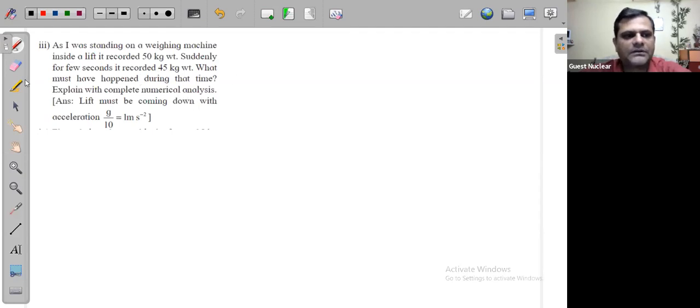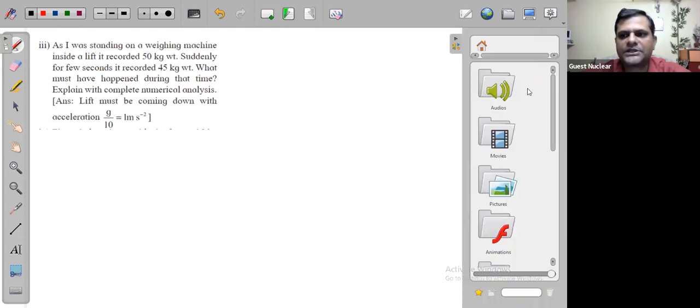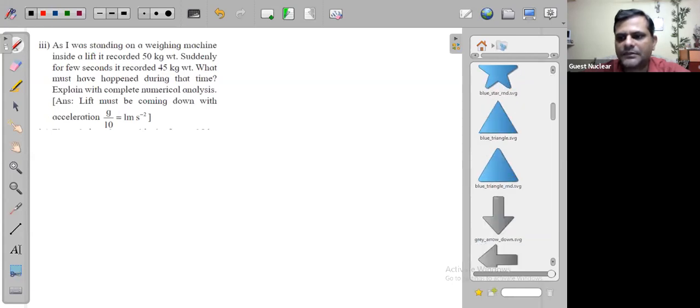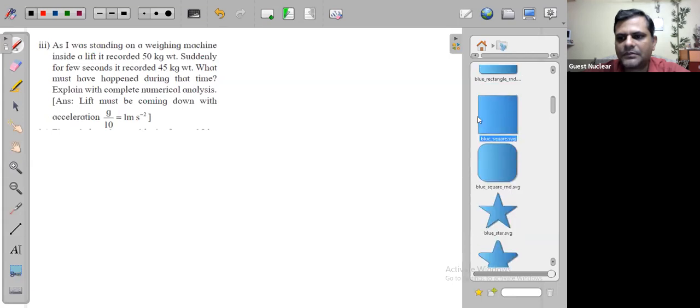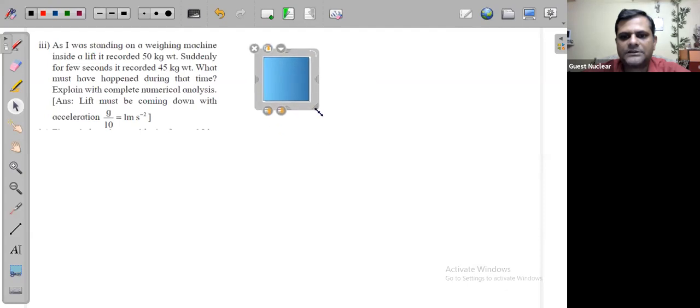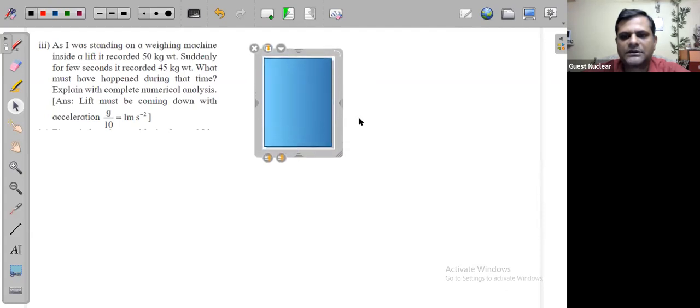Okay, see here, suppose some object is situated in the lift, जैसा कि हमने already देखा था pseudo force के केस में. Suppose this is the lift, and suppose a person is sitting in the lift. इस लिफ्ट के अंदर एक पर्सन यहाँ पे सपोज है.